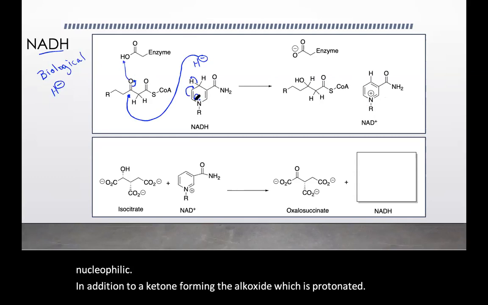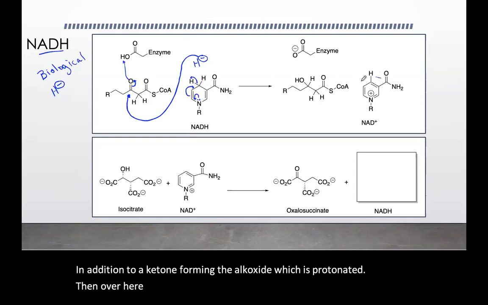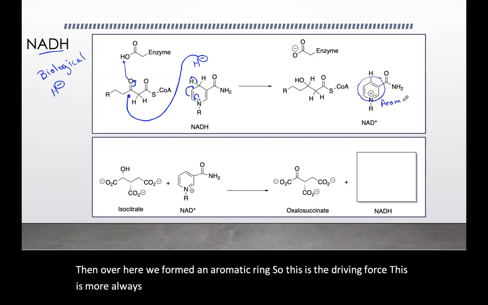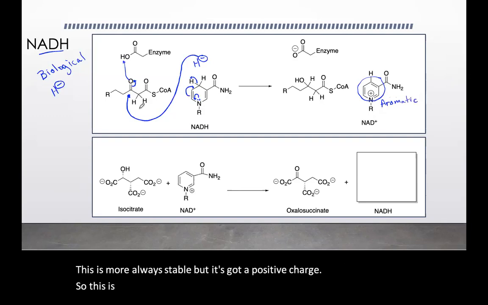Then over here, we formed an aromatic ring. So this is the driving force. This is always stable, but it's got a positive charge. So this is NAD+. This reaction is run forward and backwards in different places in glycolysis and in the TCA cycle.